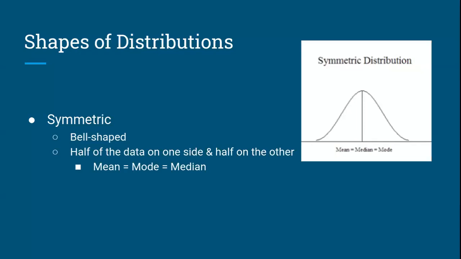If something is symmetric, example, flashback, elementary school, Valentine's Day. What did your teacher tell you to do? Fold the paper in half, and then you cut out one side of the heart. Because when you opened it up, both sides look the same.